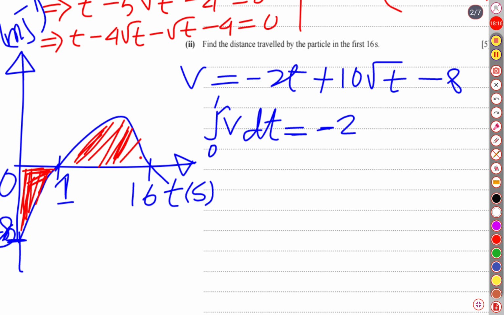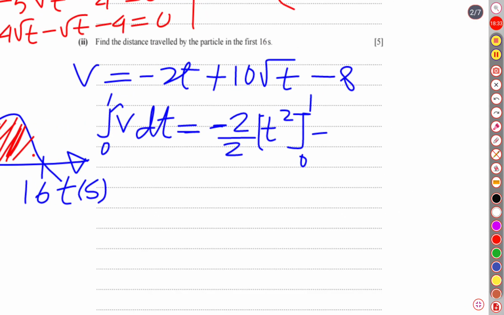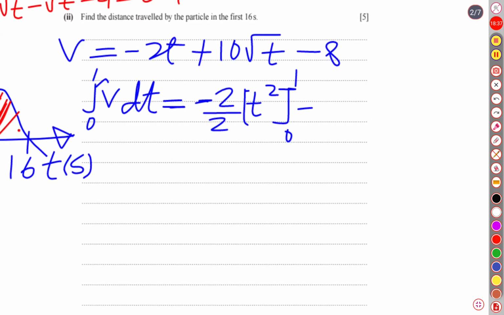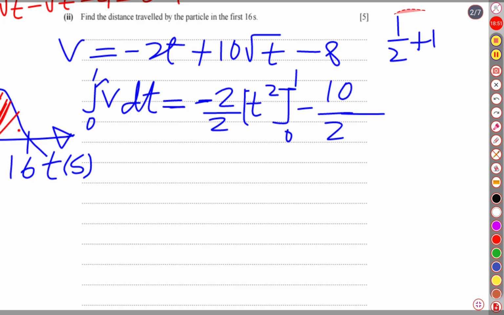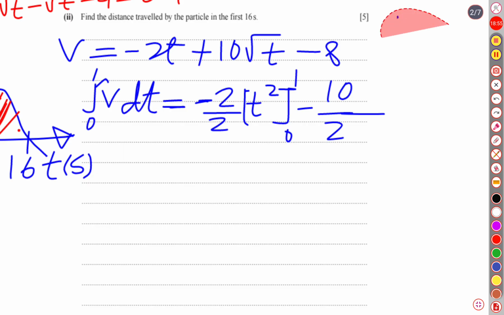If we add 1, it is going to be 2, which will divide this, then t squared, and our time span is 0 until 1 second, minus, for the second quantity, the square root, I mean the power is half, so it will be 10 divided by, if we add half plus 1, it is going to be 3 over 2.